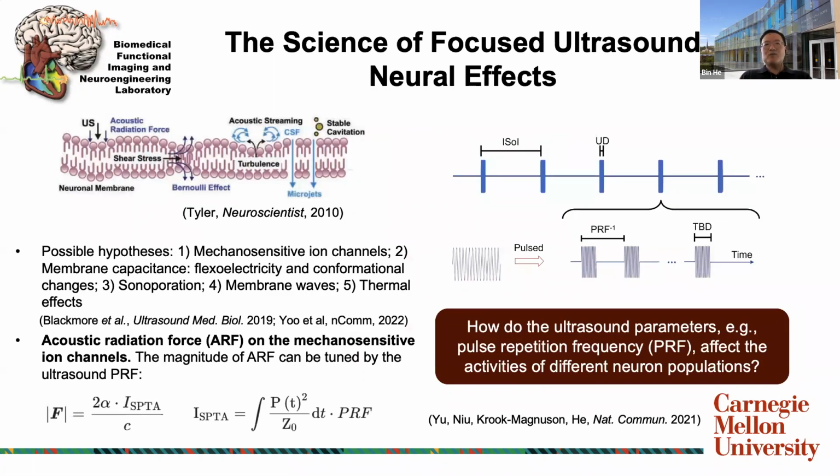Another question is, what is the mechanism of the ultrasound neuromodulation? There are a lot of hypotheses or theories out there. Certainly one could consider the mechanosensitive ion channel hypothesis, with the recent Caltech publication in Nature Communications.